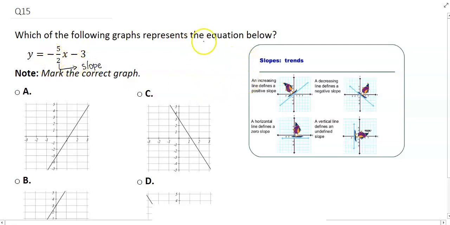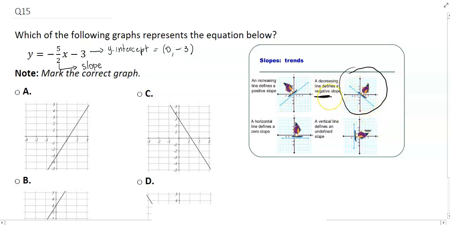If the slope is negative, we are talking about this type of inclination here to the left. And this here represents the y of the y-intercept. So the y-intercept here then is 0, negative 3.